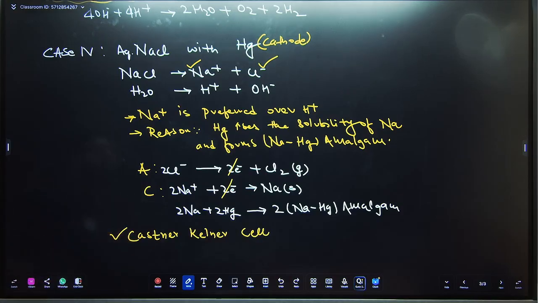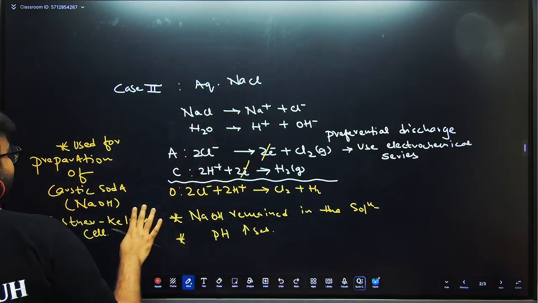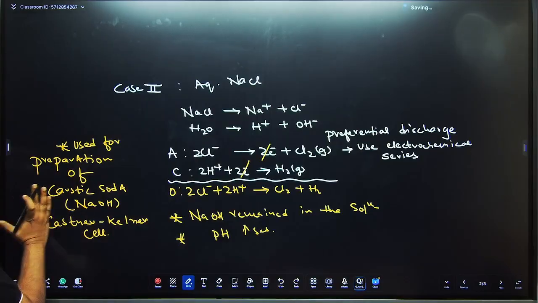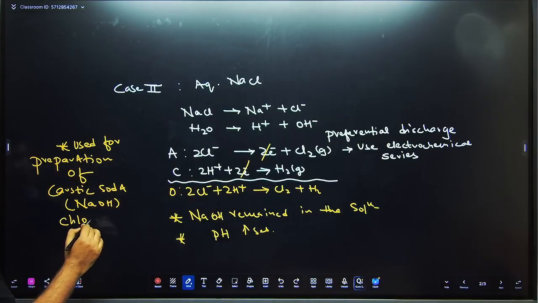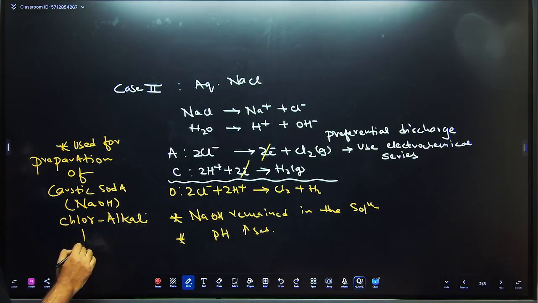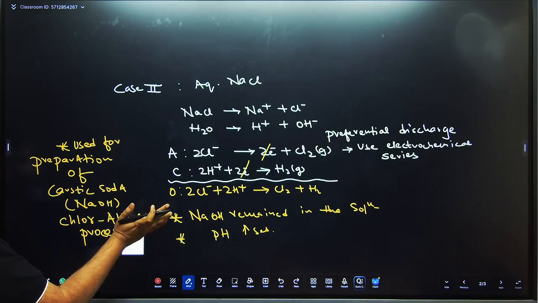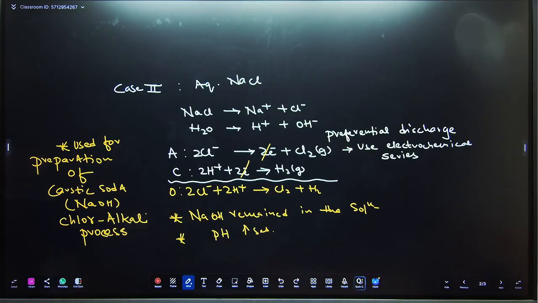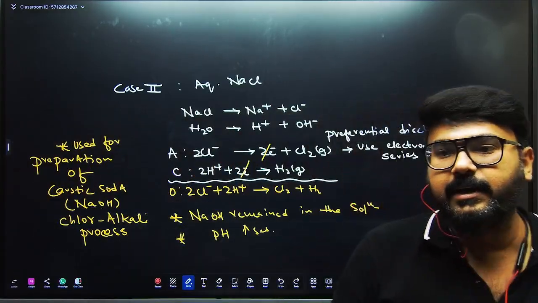Kastner-Kellner cell. And the second reaction which you have studied, write it down as chloralkali process because it's a simple one, right? Second one you say chloralkali and the fourth one is Kastner-Kellner.